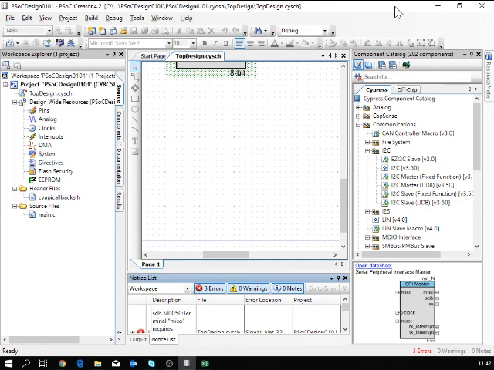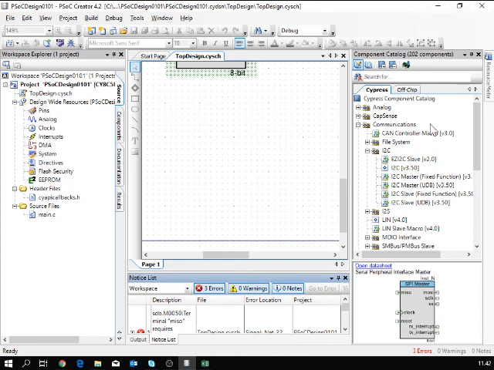Then there's also the fixed function, meaning there is a dedicated I2C master controller in that chip. You can use that one too, either as a master or slave.